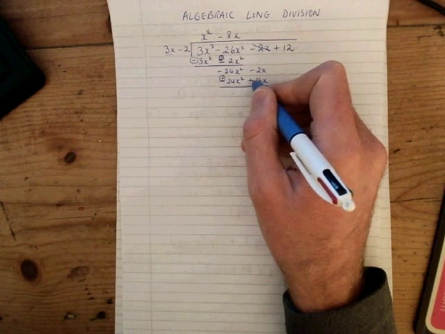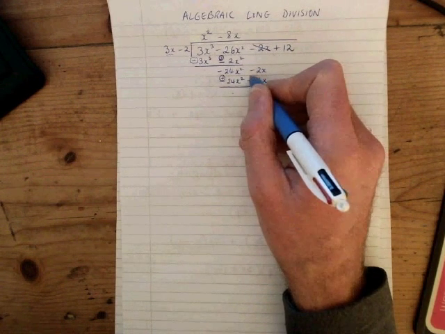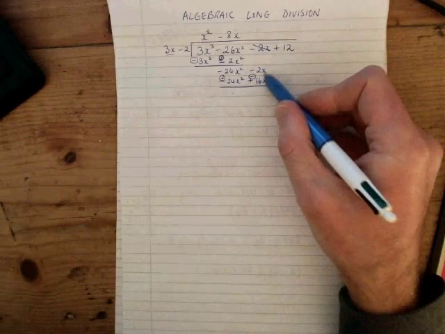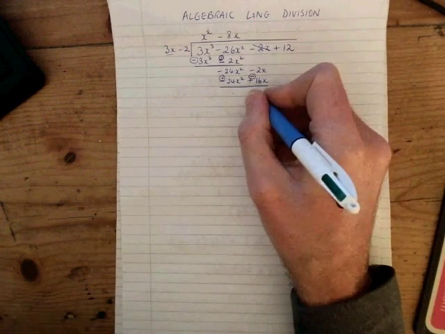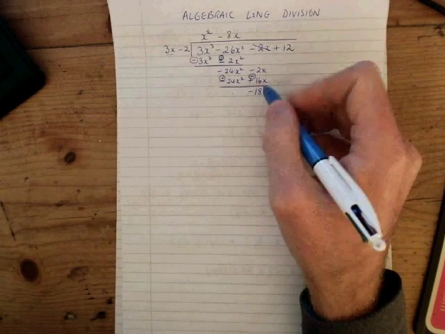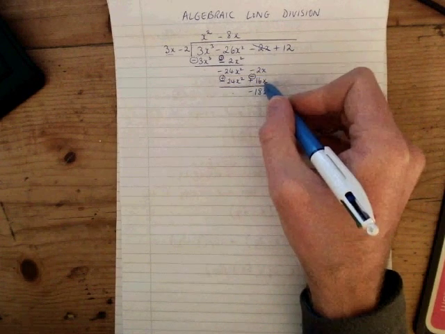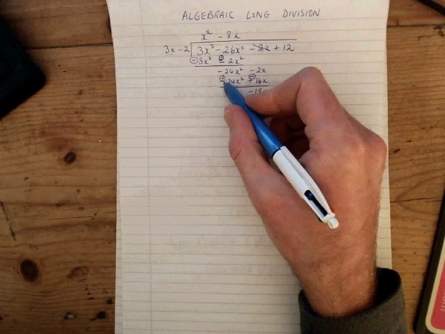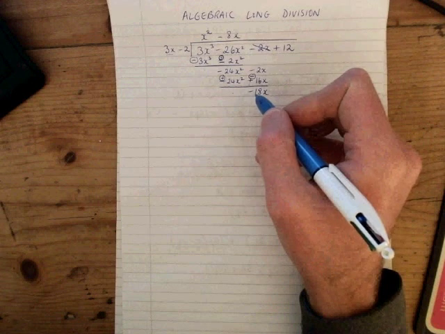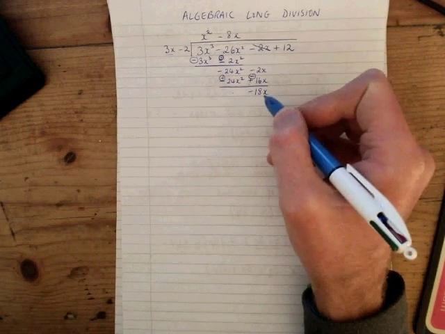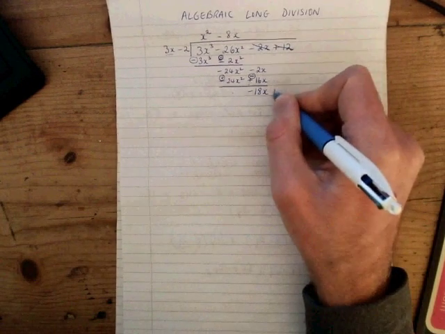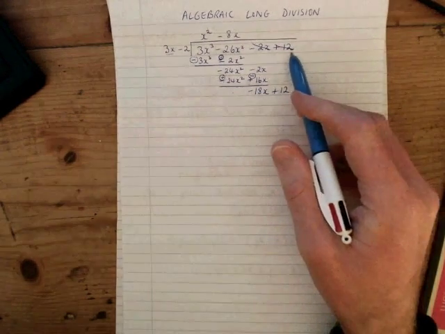Going across, because I'm subtracting, this changes to a minus, so we have minus 2x minus 16x, which is minus 18x. Both signs changed: the minus changed to a plus and the plus changed to a minus, as a result of taking them away.